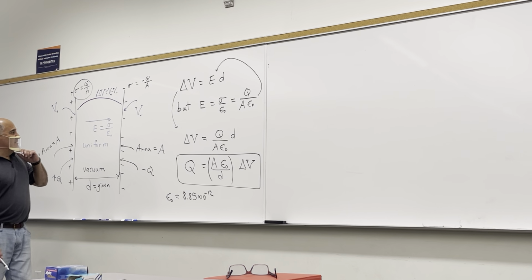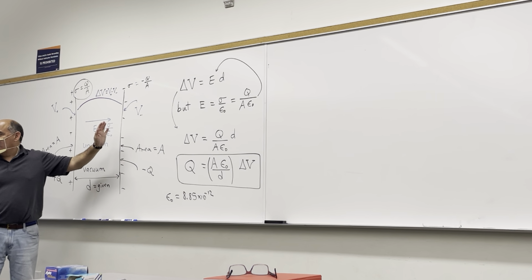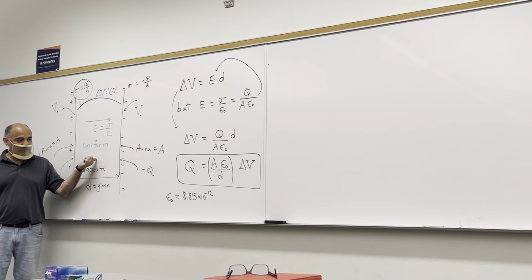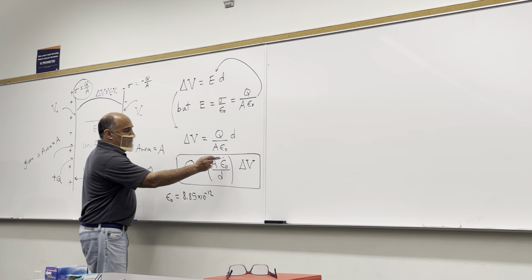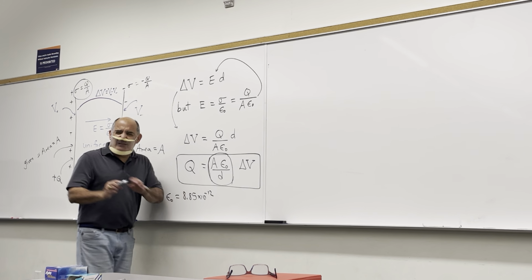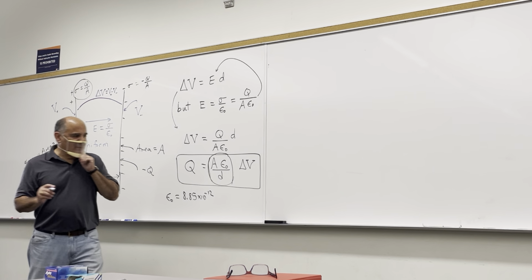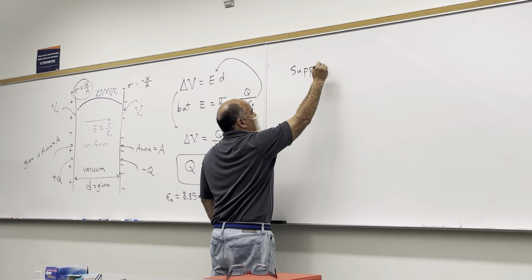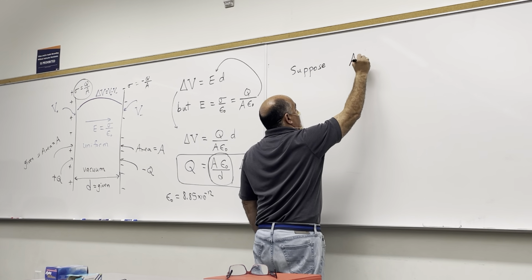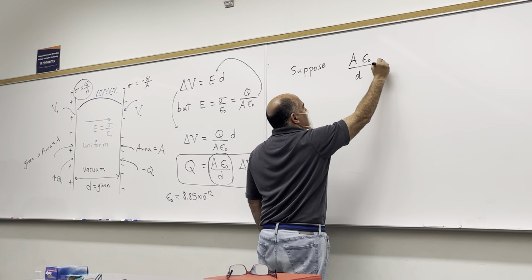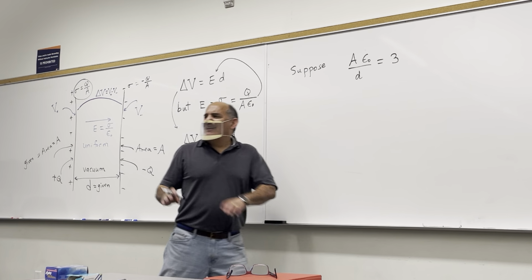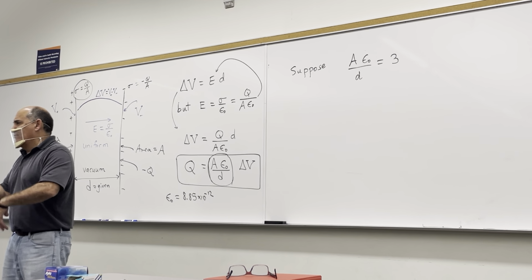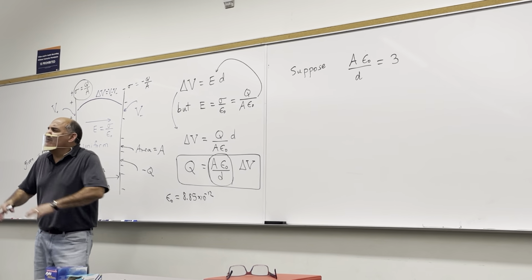So if you know the area of these plates, how far away they are from one another, and the type of dielectric material in here, insulating material, then all of this is just a number. Just for the sake of argument, because this number is very small, suppose that given the area, epsilon naught, and the distance, this comes out to 3. You give me the area of the plate, how far away they are from one another, include epsilon naught, and you get 3.